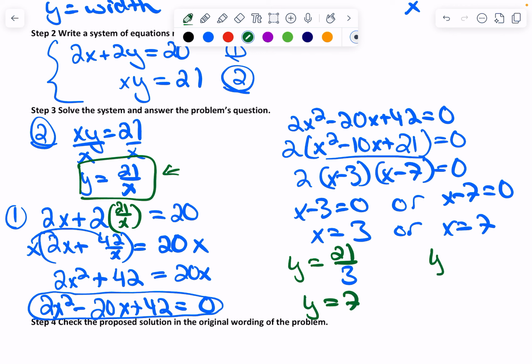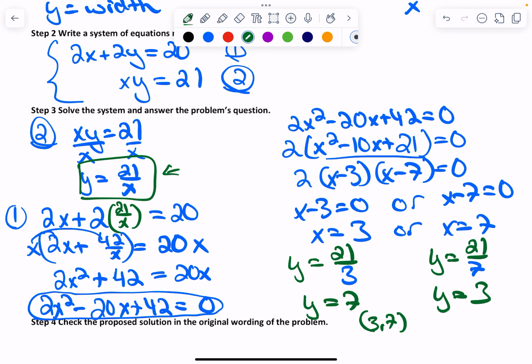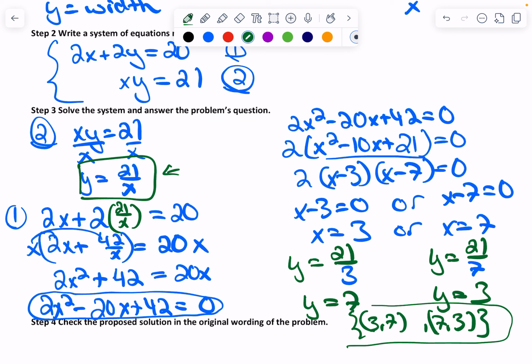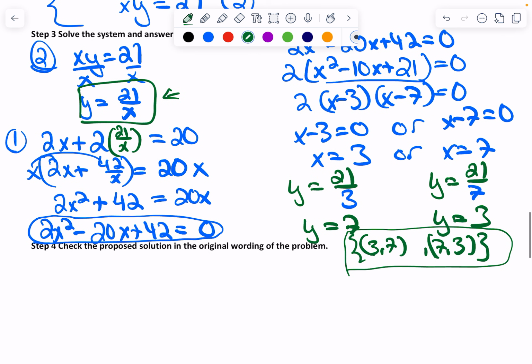Or y equals 21 divided by 7, so y equals 3. So our options here are 3, 7, and 7 and 3. Okay, so that would be our answer. Next, it's asking us to check it.